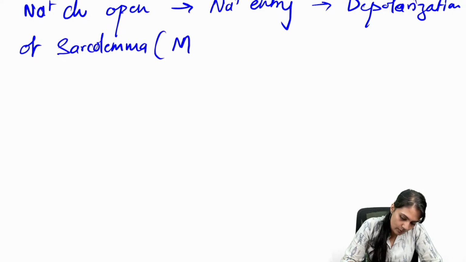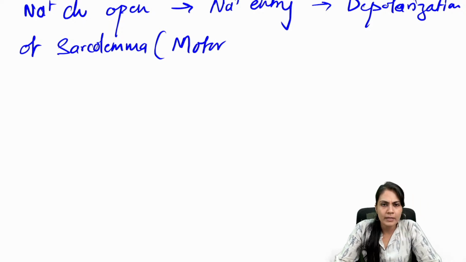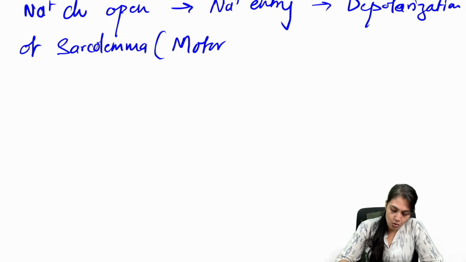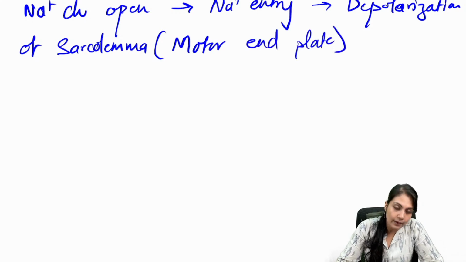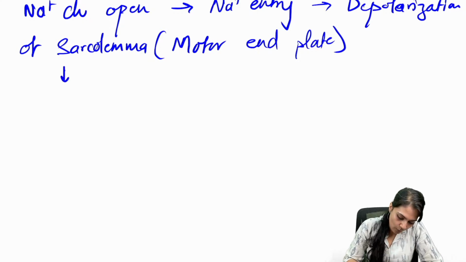This is also known as the motor end plate. Motor means in the muscles, whatever is happening, it is happening in the muscle. So motor end plate, right? Now this depolarization will be carried forward to the tubules.